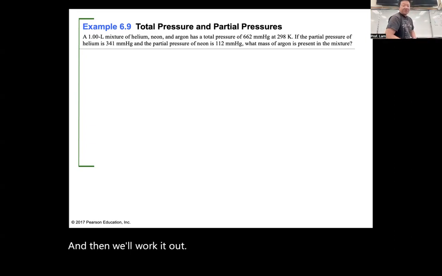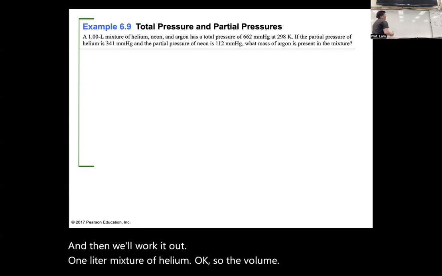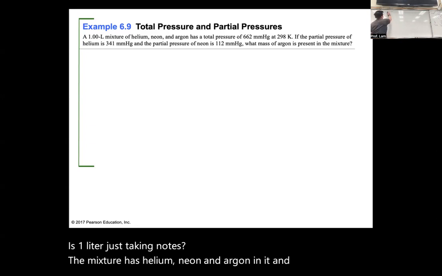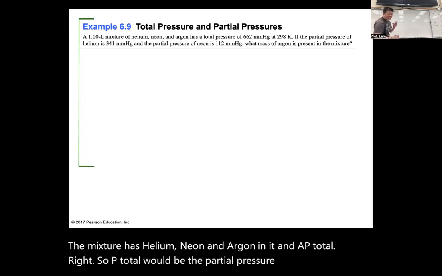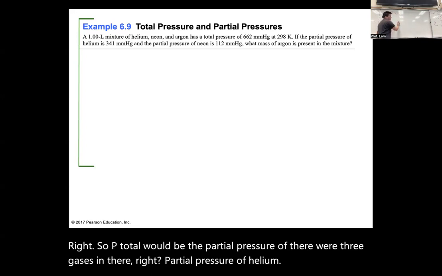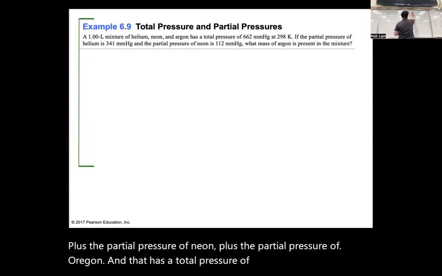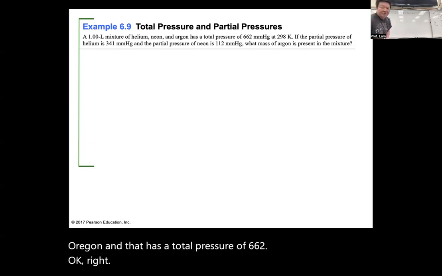All right. 1 liter mixture of helium. Okay, so the volume is 1 liter. Just taking notes. The mixture has helium, neon, and argon in it, and the P total. So P total would be the partial pressure of helium plus the partial pressure of neon plus the partial pressure of argon, since there were 3 gases in there. And that has a total pressure of 662 millimeters mercury.